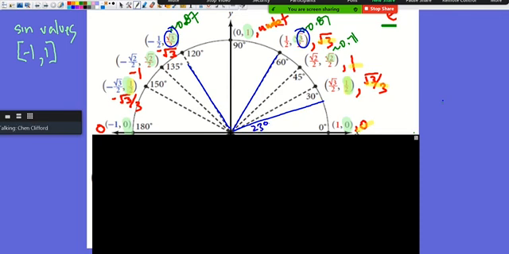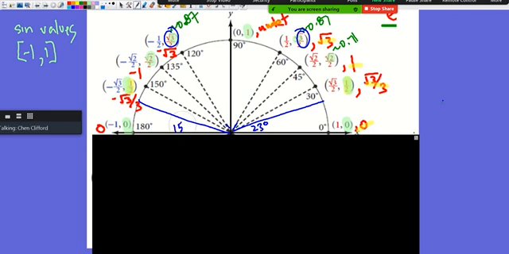What degree in quadrant 2 also shares the same sine value as 23 degrees? Well, it's somewhere here, because you reflect it horizontally. And the way you find that is to just do 180 minus 23, and you get 157.